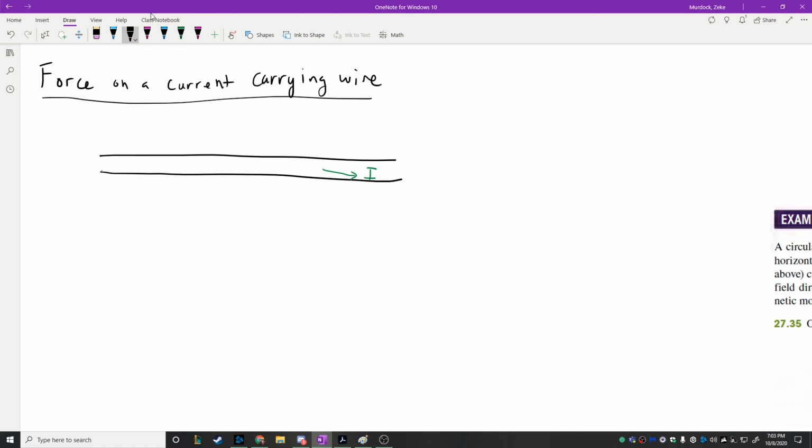And I tell you that the length of my wire, I'm going to use the vector L to represent, and we'll say the length vector points in the direction of the current. So the question here is, what kind of force would this wire feel if it was embedded in a magnetic field? Let's say that this entire wire is embedded in a magnetic field that points into the page. That'll work, right?